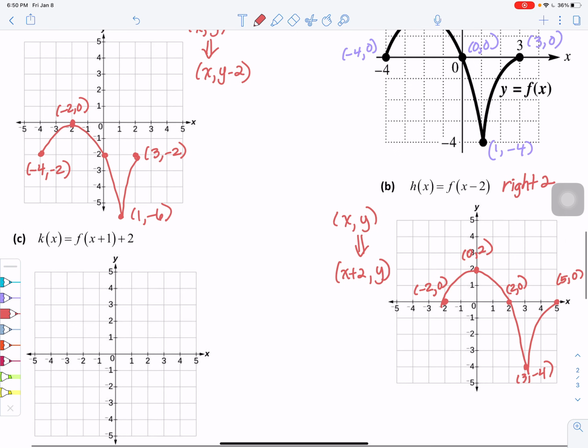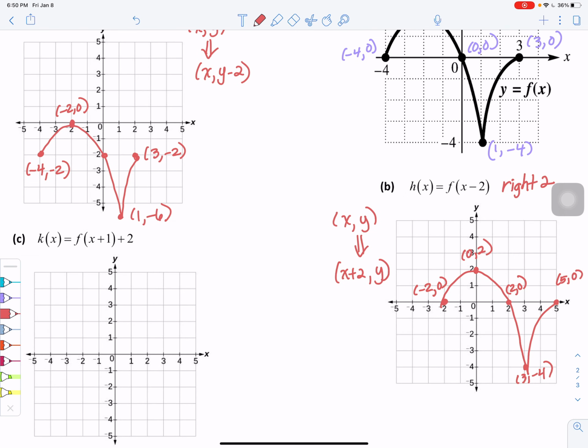Now we have 2 transformations here. We're going to be going to the left 1 and up 2. So our x, y values from our parent functions, we will take 1 away from the x value and then add 2 to the y value.